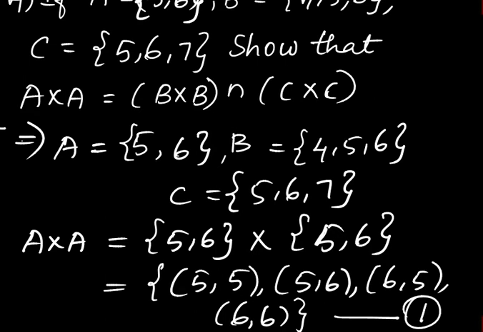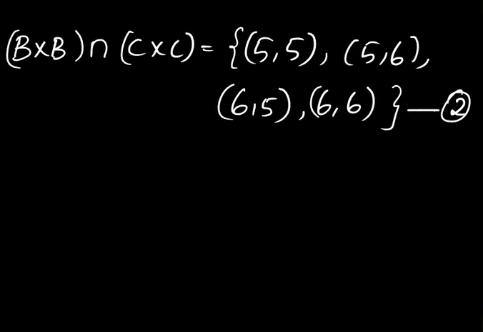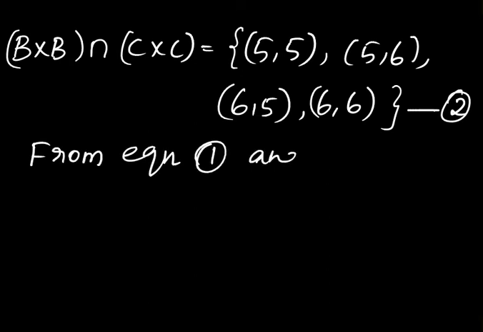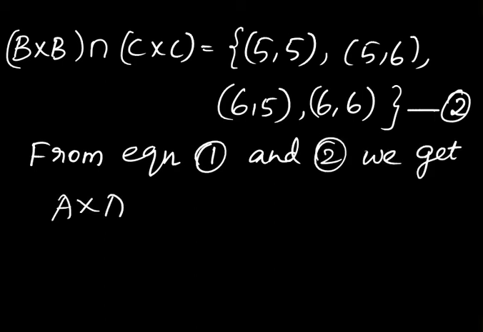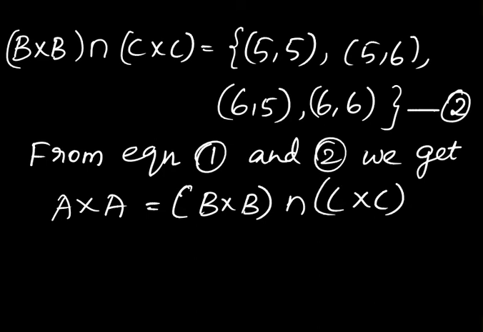So we can say A cross A is equal to B cross B intersection C cross C. So from equation 1 and 2 we get A cross A is equal to B cross B intersection C cross C, hence showed.